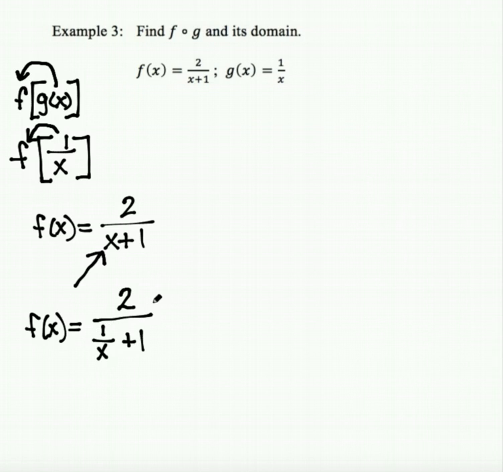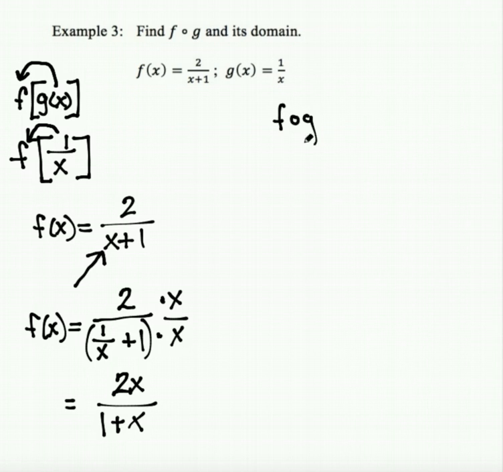To do that, I'm going to multiply the top by x and the bottom by x, because that's my denominator here. That leaves me with 2x on the top, and in the denominator, x times 1 over x, remember we have to multiply it by both of these pieces, it's going to leave me with 1, and then x times 1 is x. So I'm going to write my function up here. F of g is equal to 2x divided by 1 plus x.